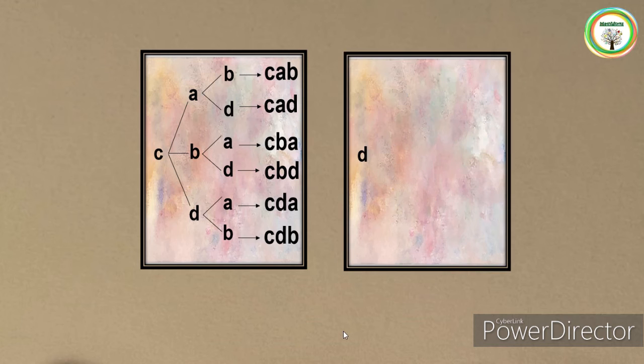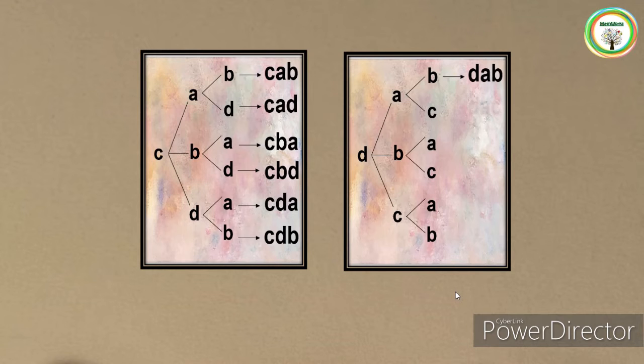Next, last one. If the first letter is D, the second letter could be A, B, or C. Then, first letter is D, second letter is A, third letter could be B or C. Next, first letter D, second is B, third letter could be A or C. Last one, first letter is D, second letter is C, then third letter could be A or B. So the arrangements are DAB, DAC, DBA, DBC, DCA, and DCB.